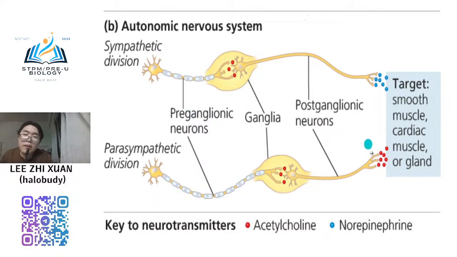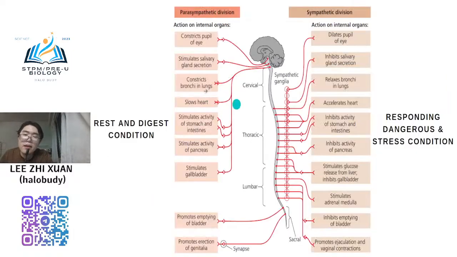In parasympathetic, if you release acetylcholine, it will slow down the heartbeat. But in sympathetic, it will increase the heartbeat. Why? Because it releases noradrenaline. And the mechanism I also explained in chapter 8. But later I will explain one more time in the following part.